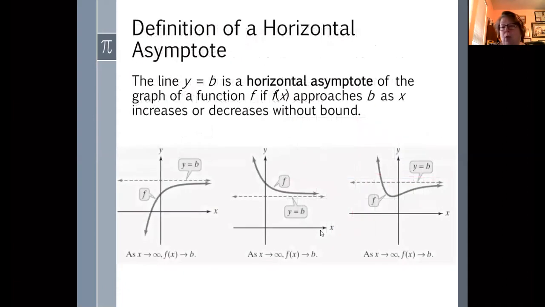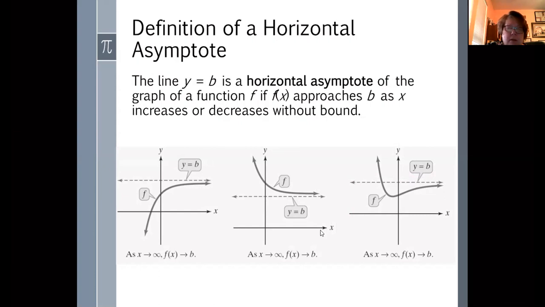All right, let's talk about horizontal asymptotes. Remember that if it is a horizontal line, the equation of a horizontal line is y equals a constant. The line y equals b is a horizontal asymptote of the graph of the function f if f of x approaches this value b as x increases or decreases without bound.